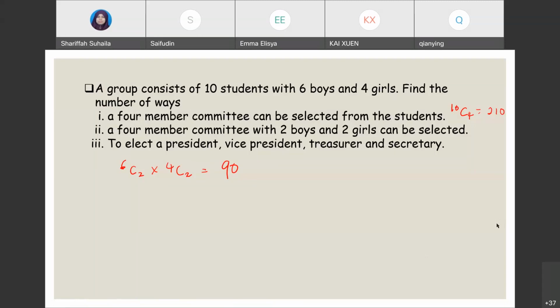Sebab kalau kita dah decide, kita dah susun, ini macam arrangement lah. You already arrange or you already decide who will be a president, vice president, treasurer, and secretary, so on. So this one should be a permutation and then should be 10 for 4. So you get 5040.